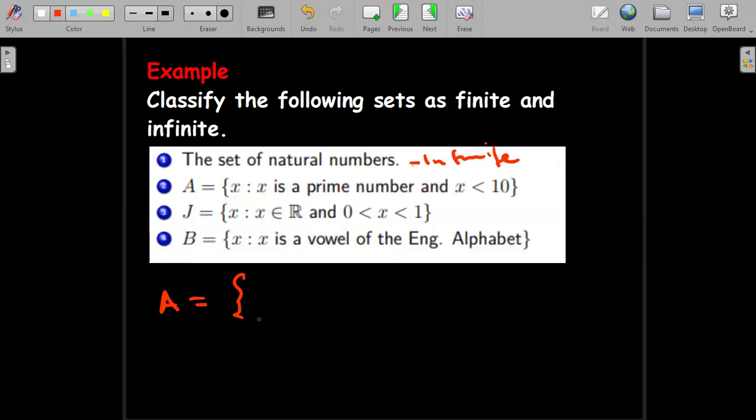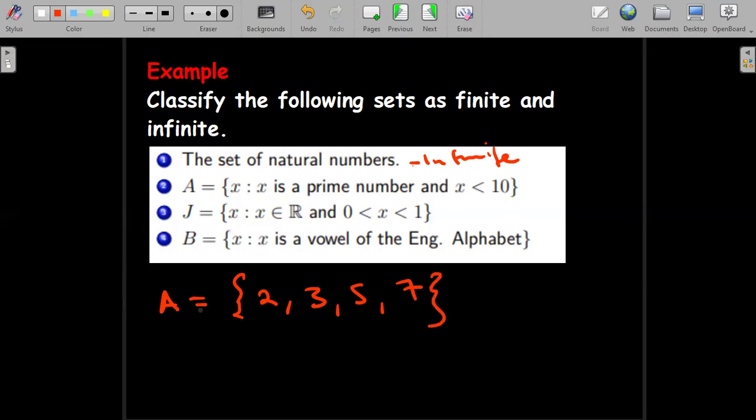If I was to list those prime numbers, I have 2, 3, 5, 7, and that is it. Is there any other prime number that is less than 10? Okay, I think there isn't. 9 is not a prime number, and it's also saying less than 10. So my set ends there, and I can close here like this.